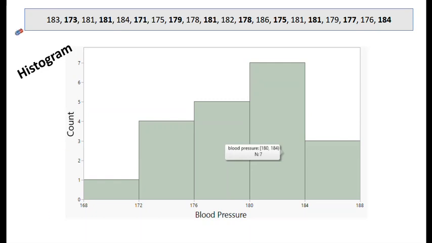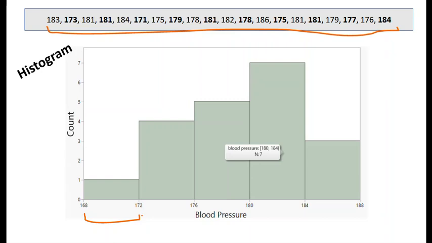So for example, here we have some data points, right? And down here we have created 5 bins to represent the frequency of these data points. This is a bin from 168 inclusive, meaning that 168 is included, all the way to 172 exclusive.